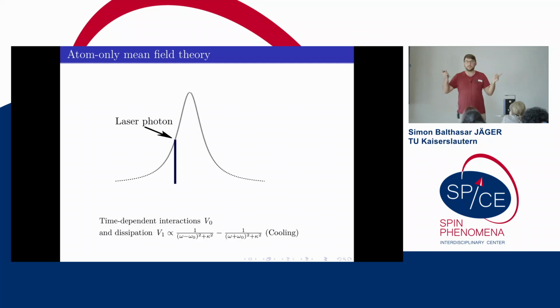And because of that, there's an energy, right? And this energy has to be compensated by the laser photon. So the scattered laser photon is somewhere else. When you go from the up state to the down state, you get some energy. So this laser photon is blue shifted, which you can basically see here. When you go from down to up, then you actually need some energy from the photon, so the photon is redshifted, which is over there.